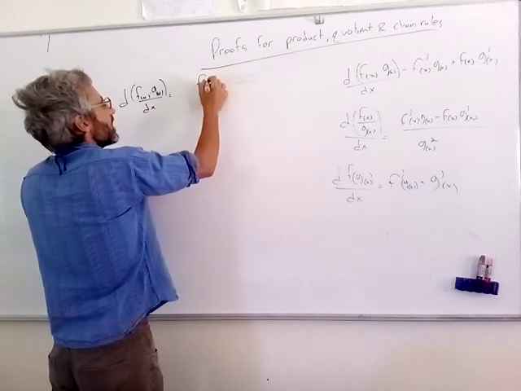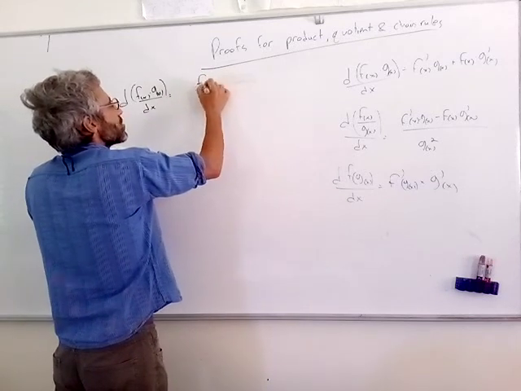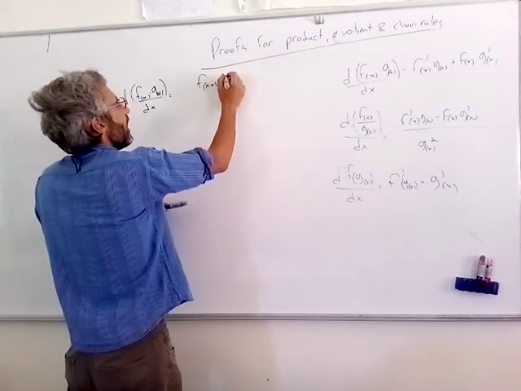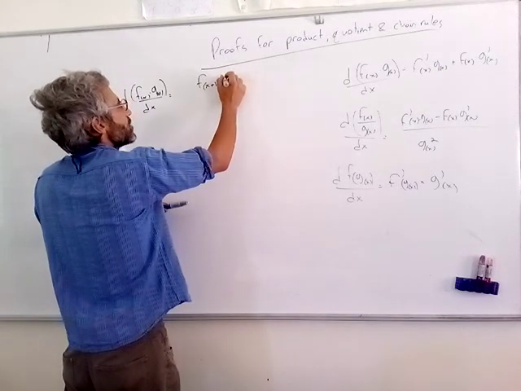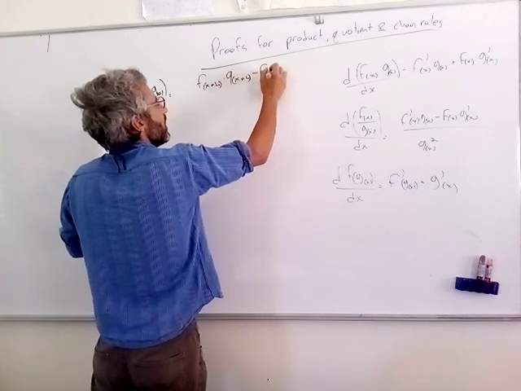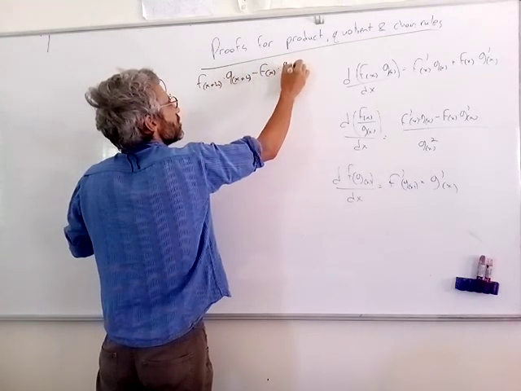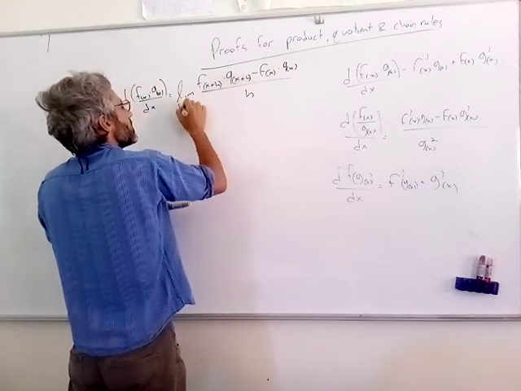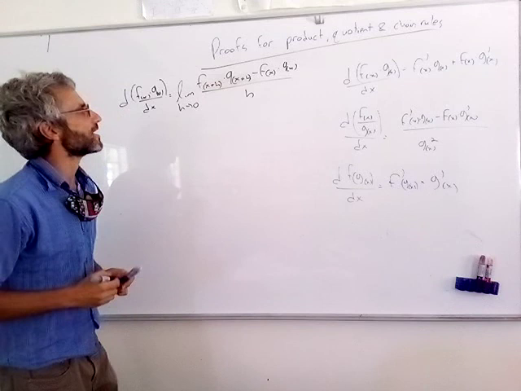So we're going to find the x plus h. f(x+h) times g(x+h) minus f(x) times g(x), divided by h, in the limit where h approaches 0.